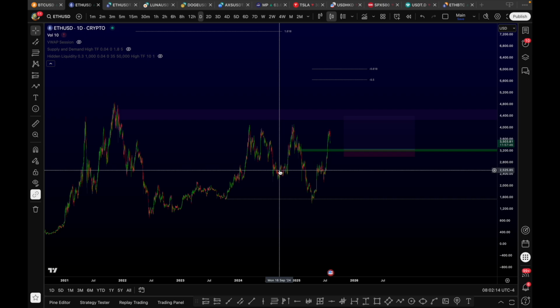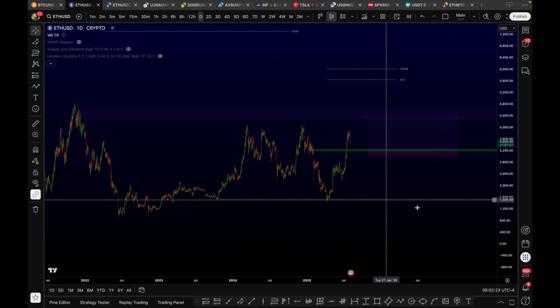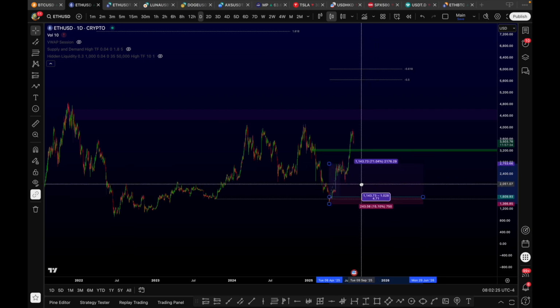Do you trade with market structure? Yes, I do. I usually trail a little bit wider than most people, especially on spot.